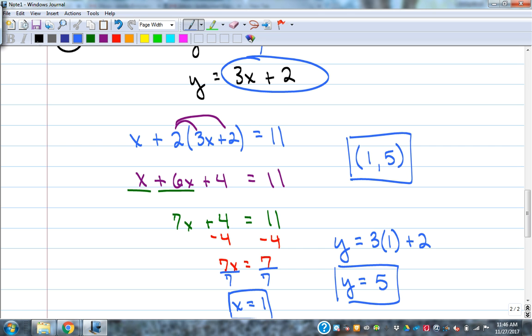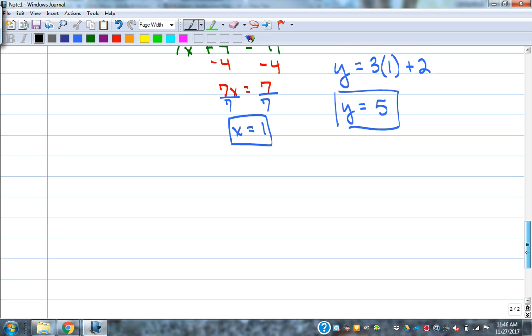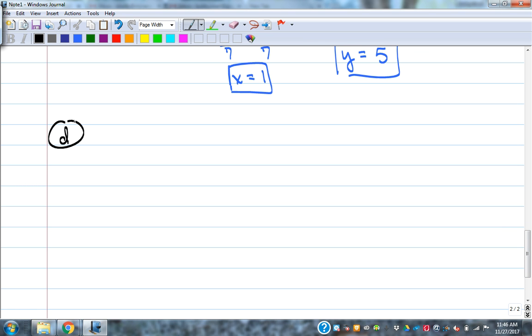Let's look at another one. Negative 2x plus y is equal to negative 3. x equals negative 3y plus 5.